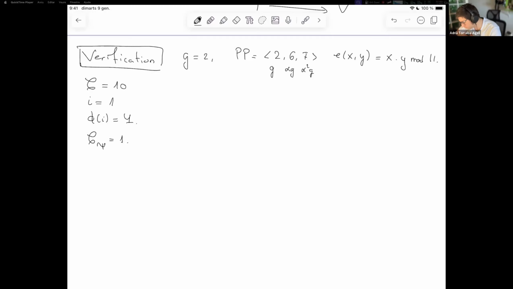And I recall you also that you need to check this identity of pairings. E of C plus minus phi of I is equal to E of this commitment.